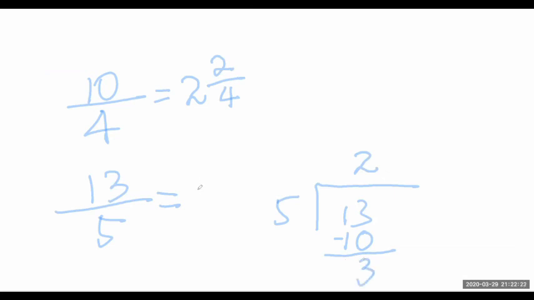So how do we write it? 2 and 3/5. Perfect. That's how we do improper to mixed.